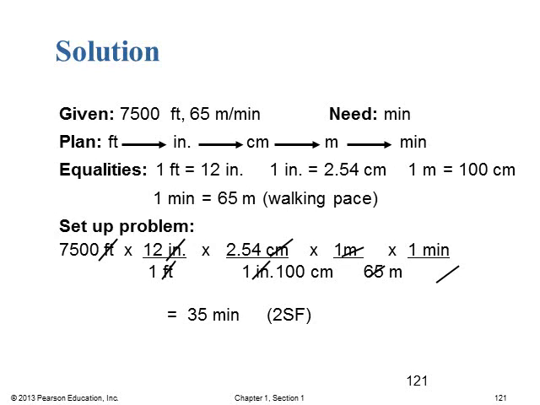So then we have 7,500 feet. We want to make sure our feet cancel out, so we put 12 inches over 1 foot times 2.54 centimeters per 1 inch. And it seems like some stuff got disjointed here in this slide.